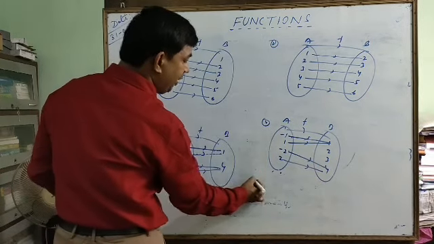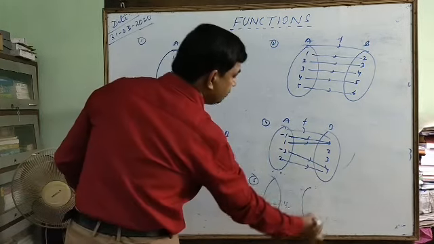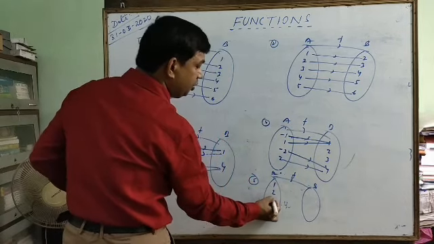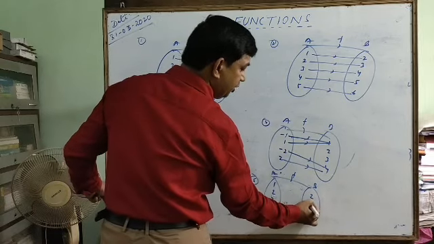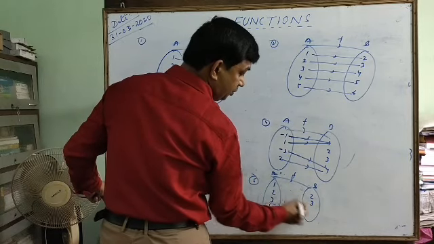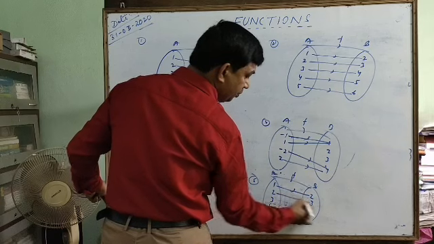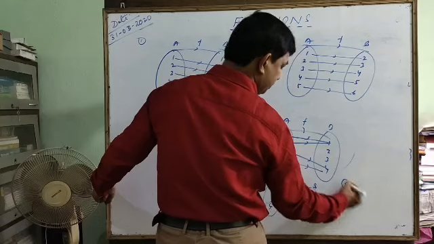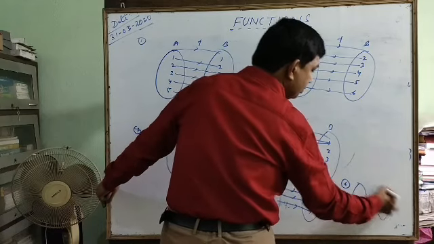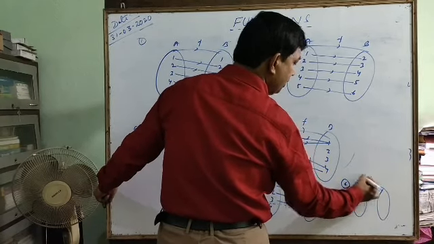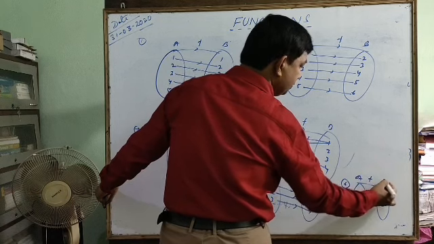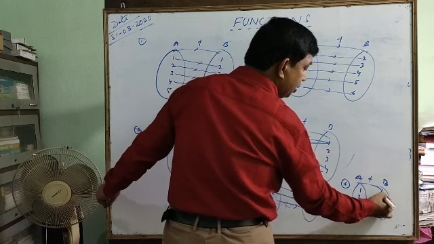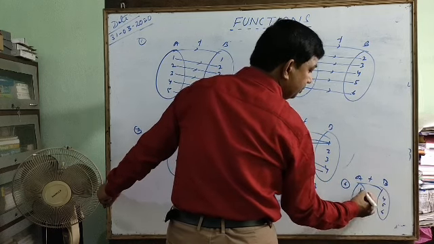And next is 5. 1, 2, 3, 4, 2, 3, and 6. f is a rule from A to B. 1, 2, 3, 4, 5, 6.